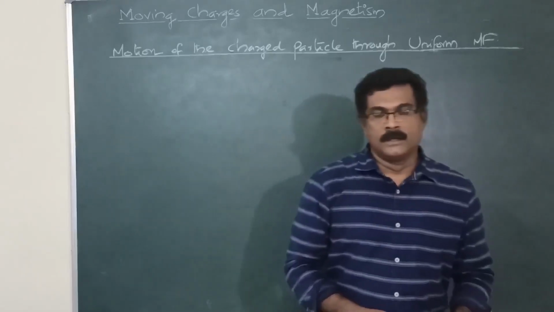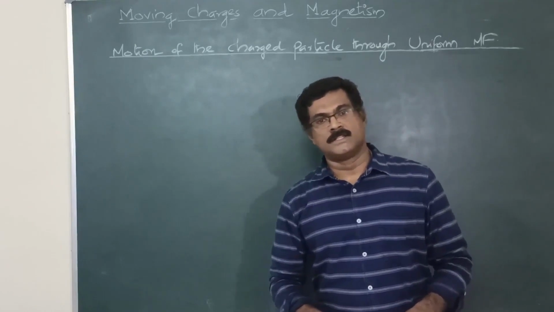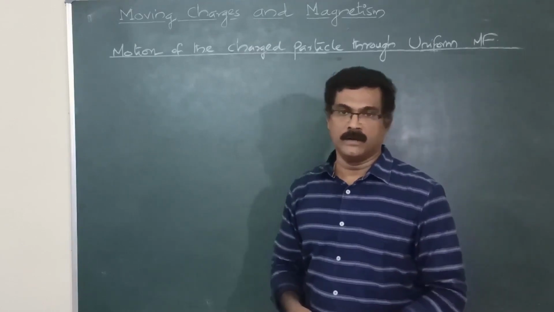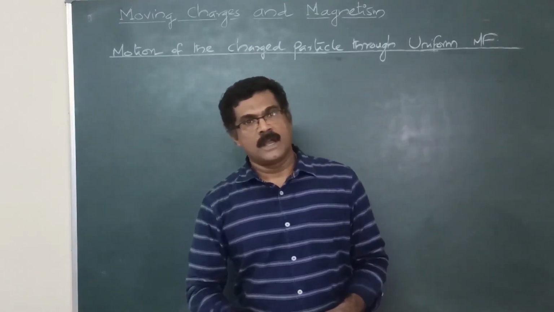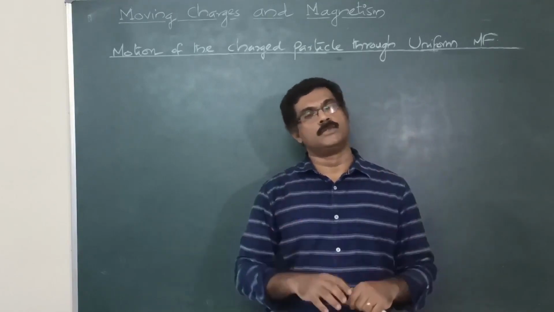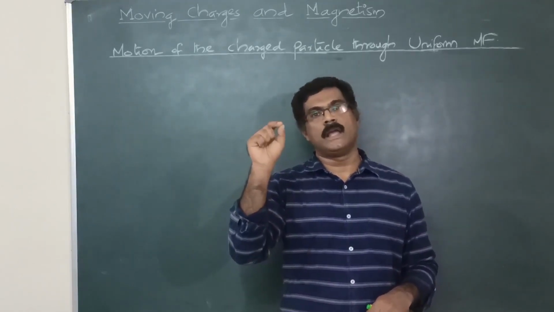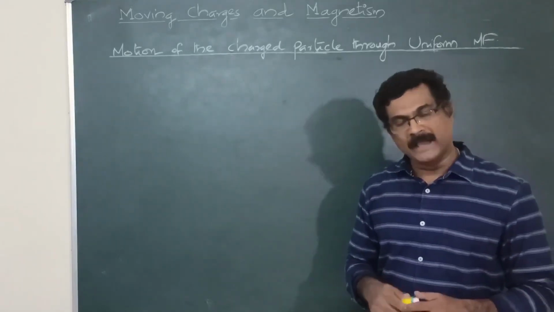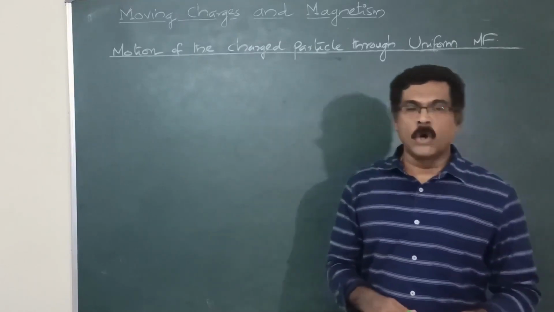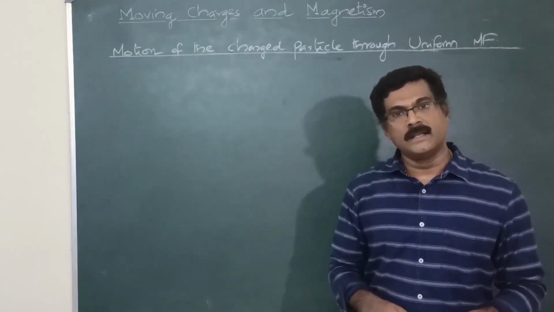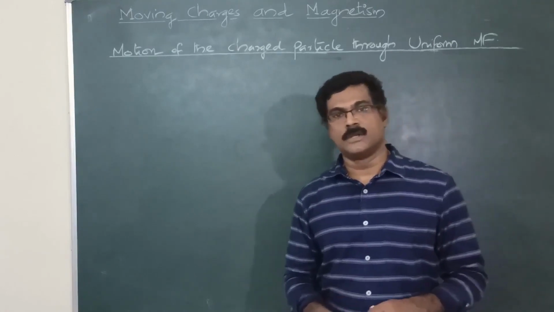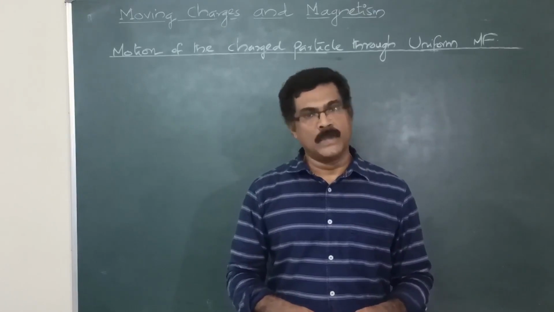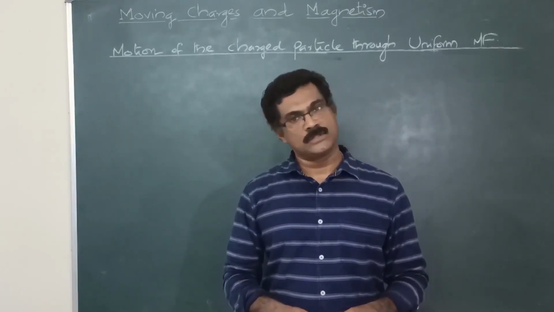Next is the motion of the charged particle through uniform magnetic field. Here, the first point you have to remember is this one. If you are given a question related with the motion of a charged particle in magnetic field, then you can solve that question by finding the magnetic Lorentz force, because the force acting on the charged particle moving through magnetic field is the magnetic Lorentz force.